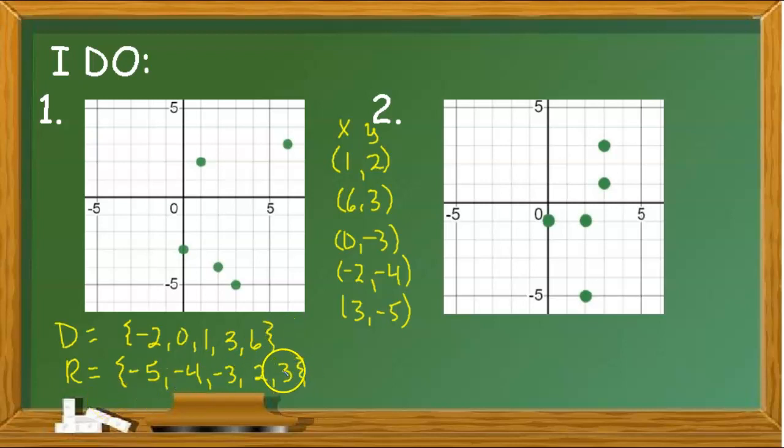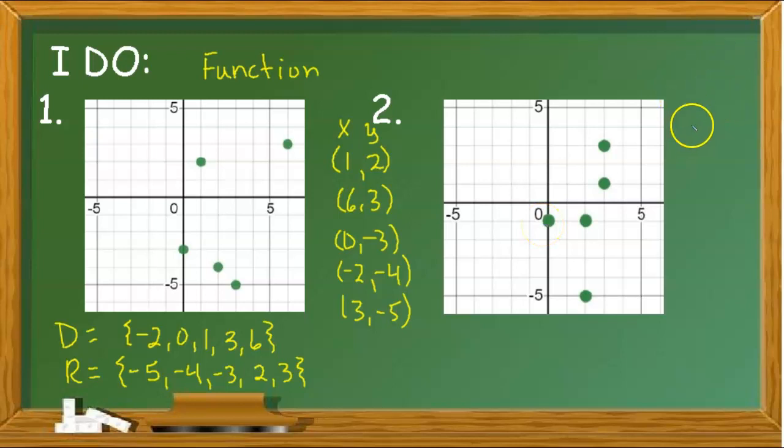Now, I also asked you earlier whether or not these were functions, and how do we tell? In this case, this would be a function. This is a function because it does pass the vertical line test, or none of the x's repeated themselves. Remember, none of our x's repeated. So that one is a function.